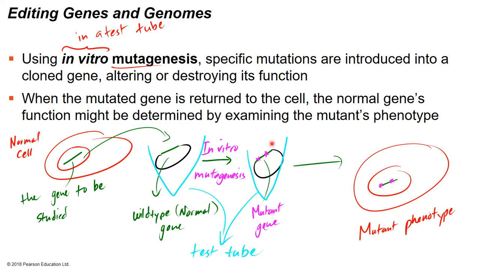Then you introduce the mutant gene into live cells. You're just editing the gene. You are introducing mutations because you want to destroy the gene, or you want to make the gene non-functional so that it will produce a mutant phenotype. And from the mutant phenotype, you might learn something about the function of the gene. Okay?